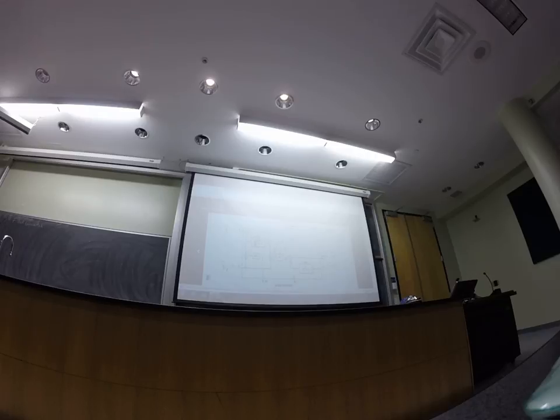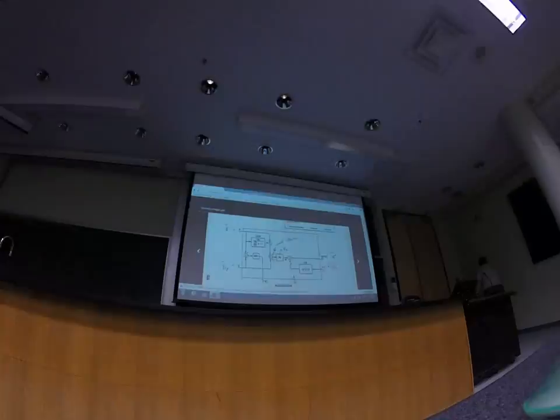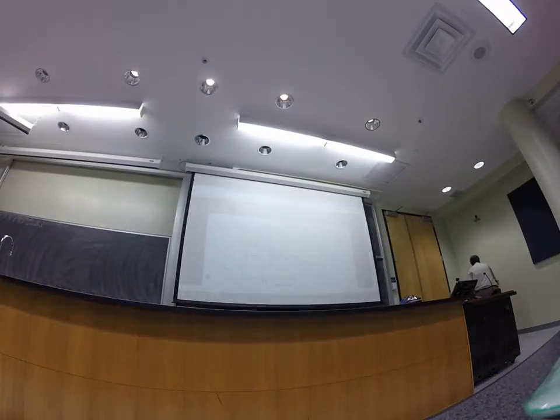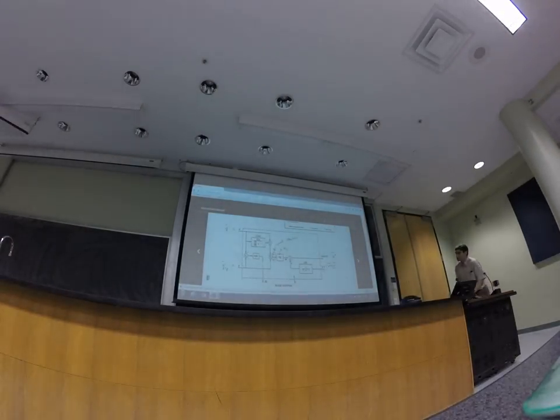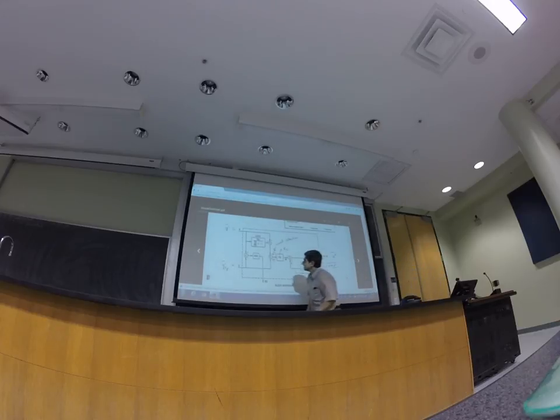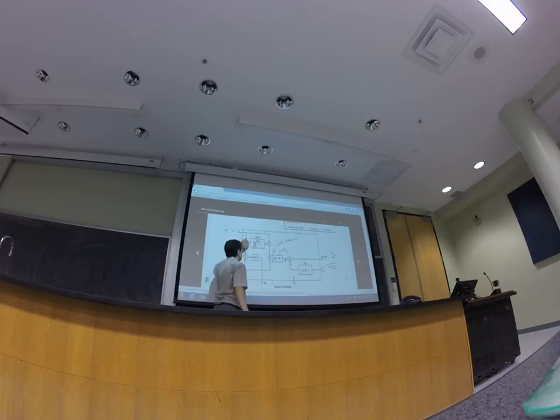So let's look at the picture. We have two signals coming in. This signal comes here, breaks into two, goes directly to this plus, and comes here, but tau d is 0.